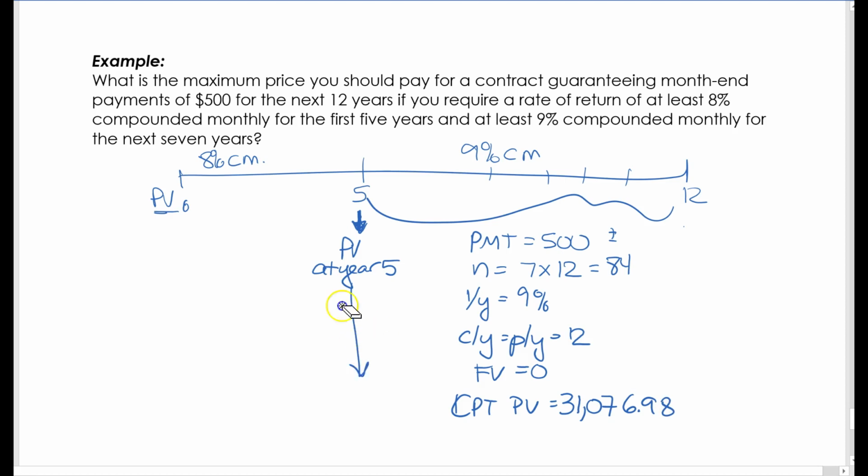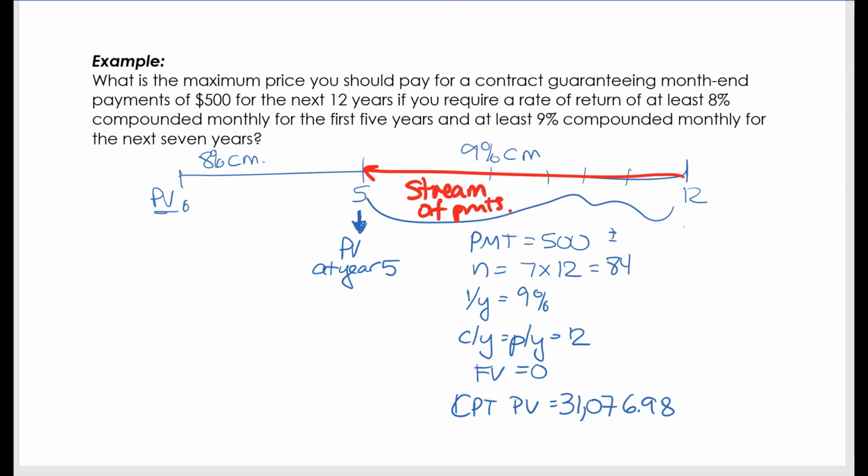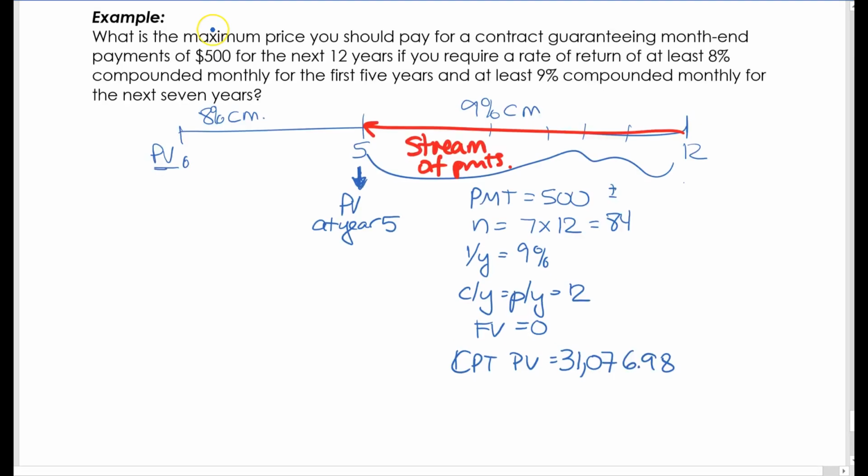So we know that the present value of the second stream of payments, found at that 5-year mark, is $31,076.98.